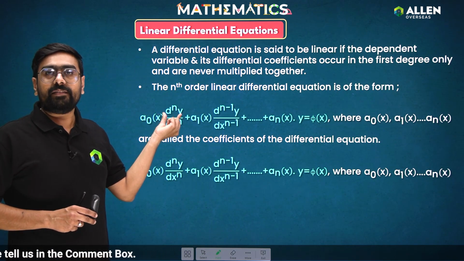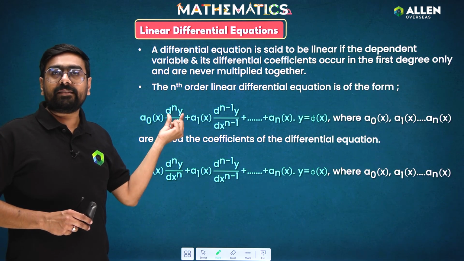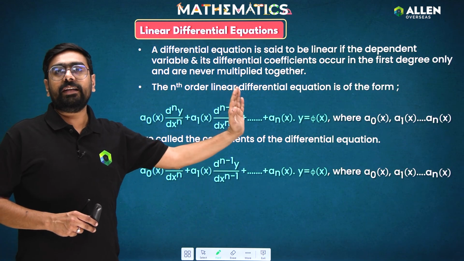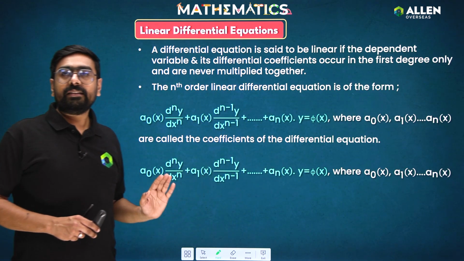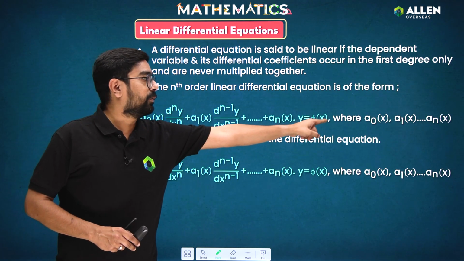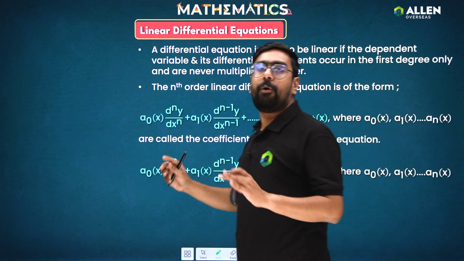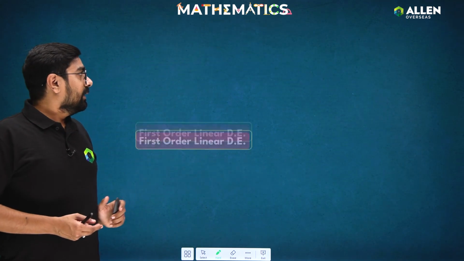You can see the degree is 1, right? d^ny/dx^n is the highest order derivative and its degree is 1. So first degree means this is a linear differential equation. Here also you can see that this is a linear differential equation, and all the coefficients are a0, a1, an, just like we represent a polynomial expression or polynomial equation, right?